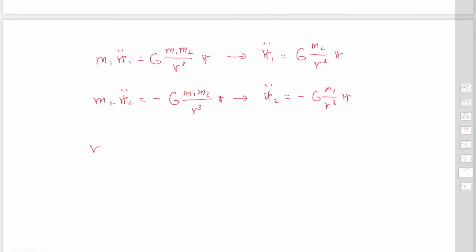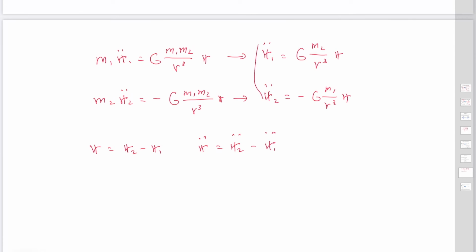Then the relative position vector is expressed as r equals r sub 2 minus r sub 1. This means r double dot equals r sub 2 double dot minus r sub 1 double dot.